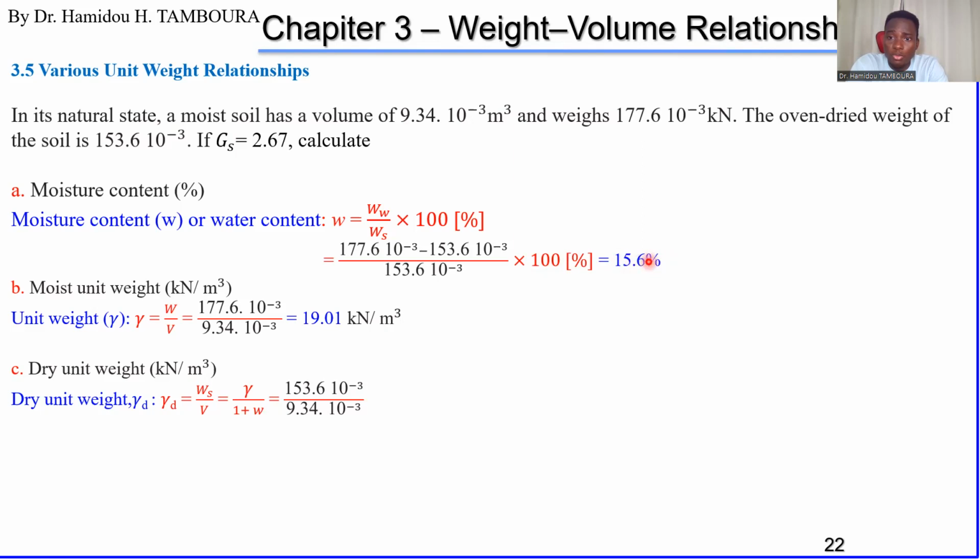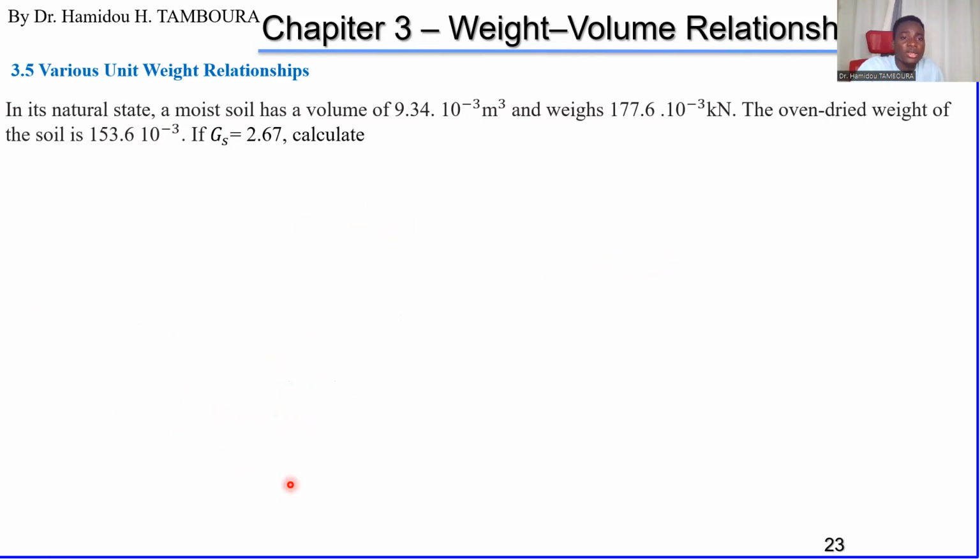You cannot use 15.6 here. It will be 19.01 divided by 1 plus 0.156, and you will see that you obtain the same value of dry unit weight. Okay, this is question number 3, so C.